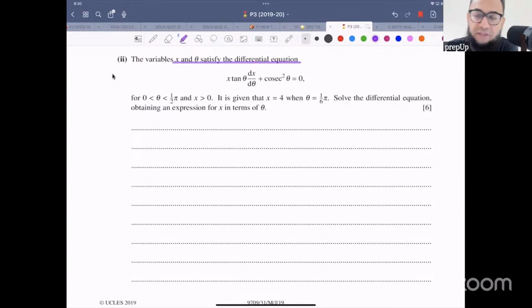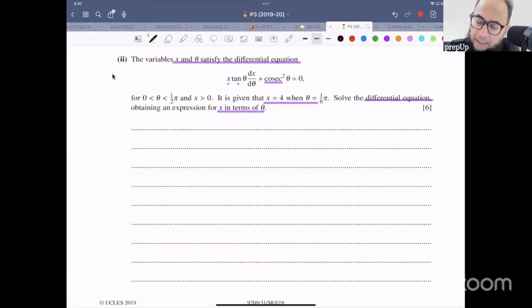There is a differential equation: x tangent theta dx by d theta plus cosec square theta is 0, where theta lies between 0 and pi by 2, x is positive, and this is the condition. It is given that x is 4 when theta is pi by 6. Solve the differential equation, obtaining an expression for x in terms of theta. So these are the few things that we need to do.